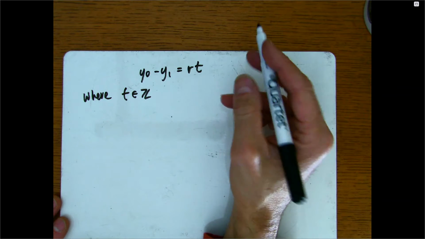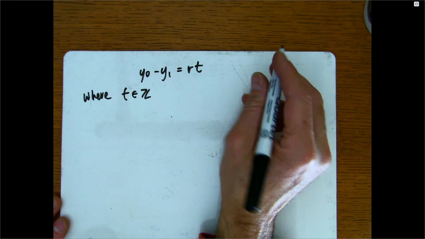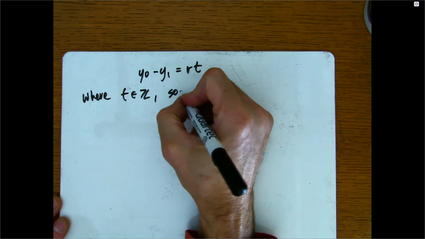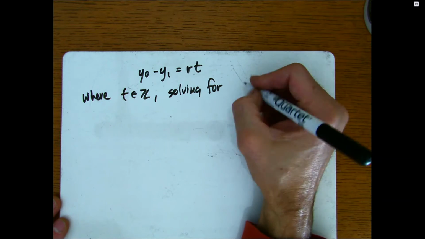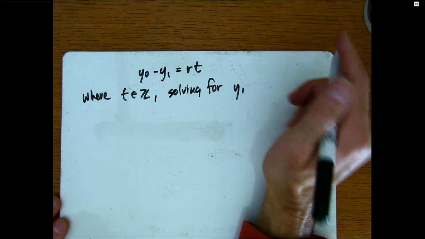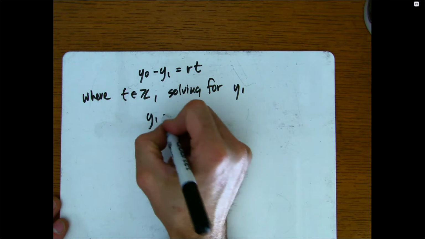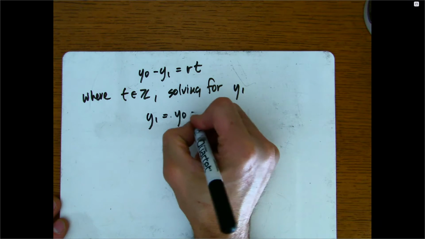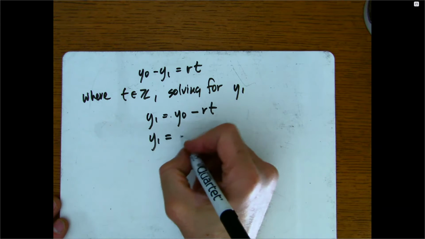And if we solve that for y1, what do we get? We would get y1 is equal to y0 minus rt, but we already know what r is.